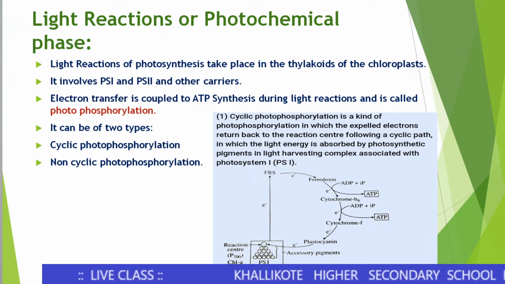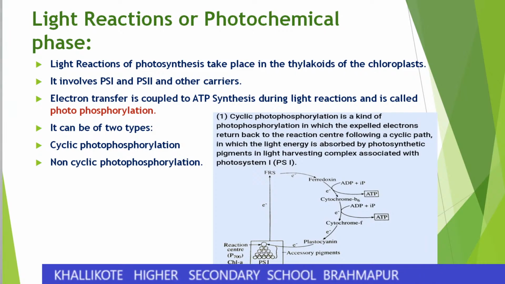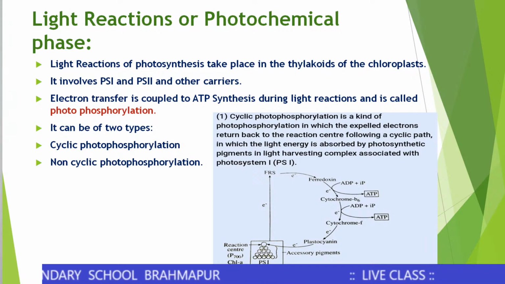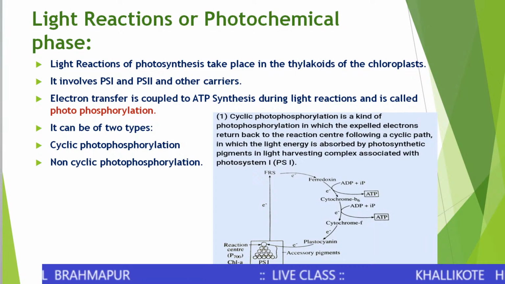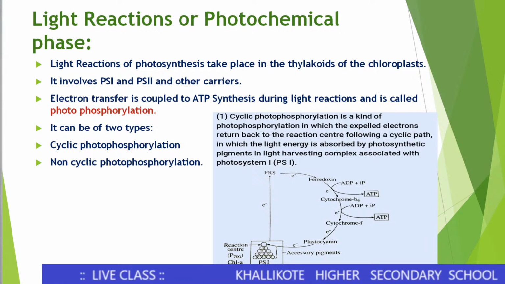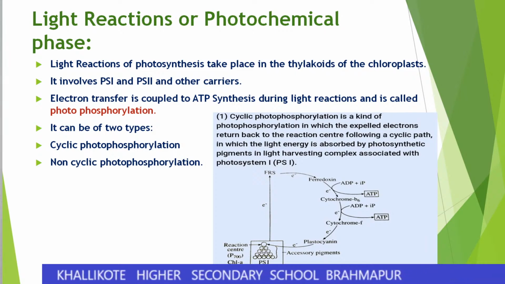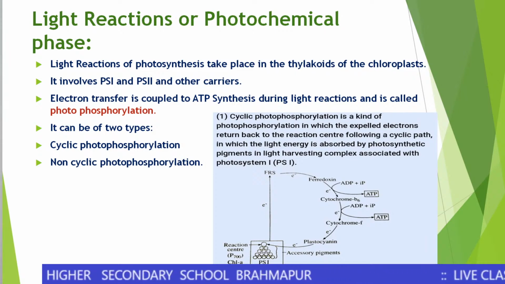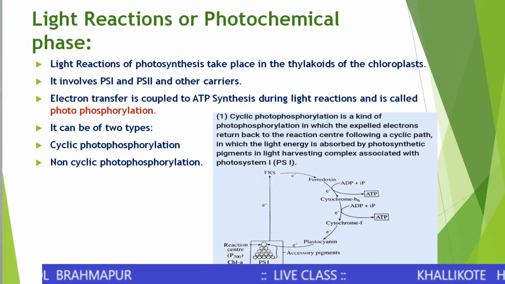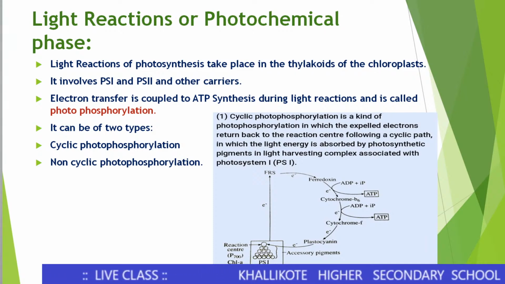From the iron sulfur protein, this electron moves to a ferredoxin molecule which also contains iron, and the iron is reduced. From reduced ferredoxin, this electron flows to a complex of cytochrome B and cytochrome F, and during this flow of electron from ferredoxin to cytochrome, the energy lost from the electron can be utilized in the synthesis of one molecule of ATP.